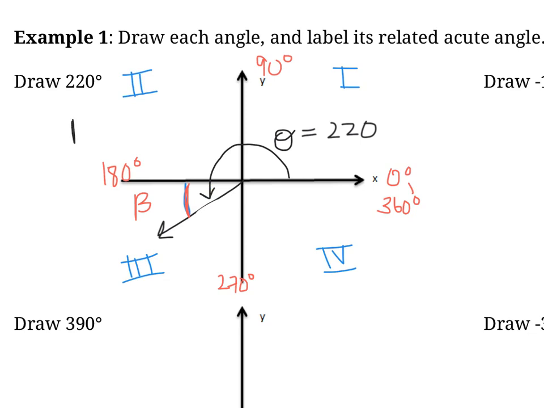So I can find beta by just taking 220 and taking away 180. And that's going to be 40 degrees. So this guy here must be 40 degrees. So that's our beta value. So our theta, which is our principal angle, is 220, and our beta is 40 degrees.